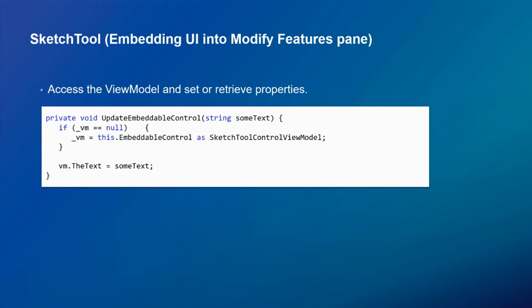Then, when you're executing within your tool, you want to get a reference to that embeddable control, cast it to the view model, and then get that attribute from that view model. You can do either a getter or a setter, depending on what you're doing within your tool.